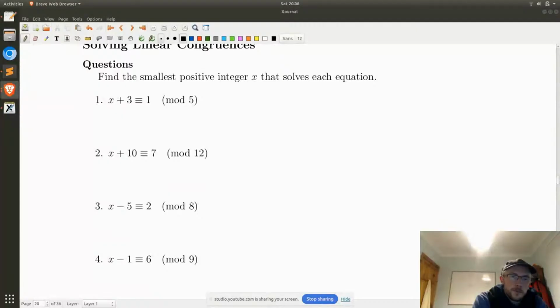So we are looking for a number which, when you add 3 to it, and then divide the result by 5, you obtain a remainder of 1.